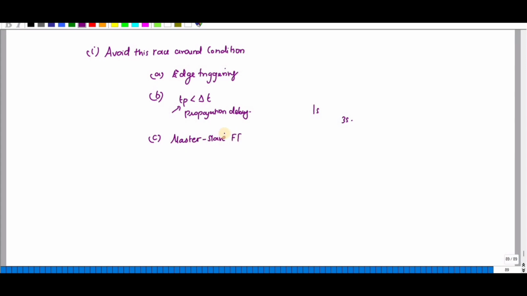The next one is using the master and slave flip-flop. Consider this is your one JK flip-flop, and this is another JK flip-flop.